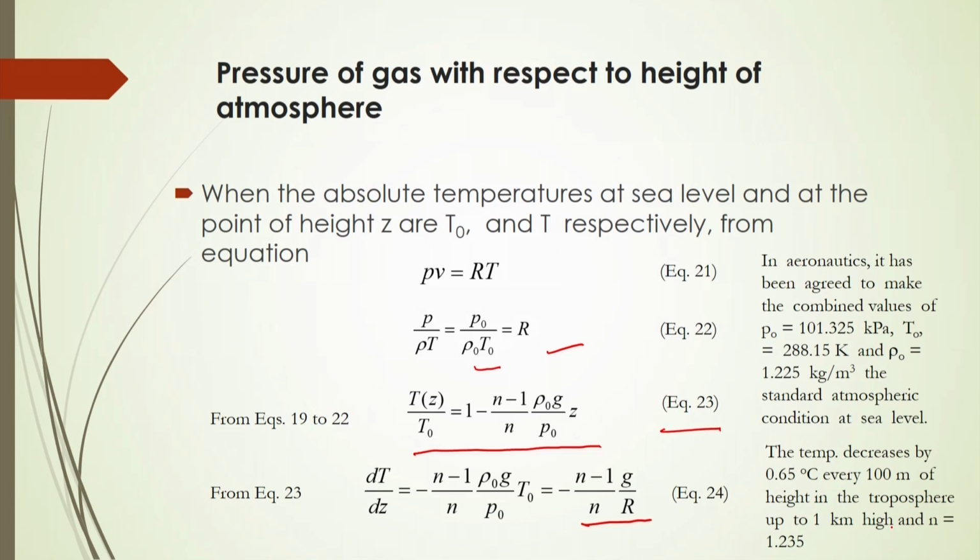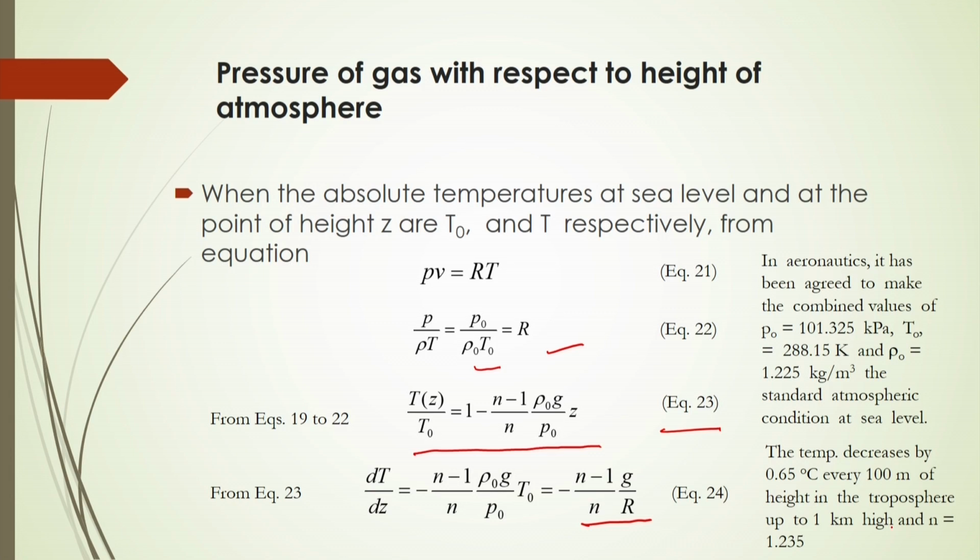So, in aeronautics it has been agreed to make the combined values, that is, P 0 is equal to 101.325 kPa, kilopascal, and T 0 is equal to 288.15 Kelvin, and rho 0, that means the density at sea level, will be 1.225 kg per meter cube, the standard atmospheric condition at sea level.